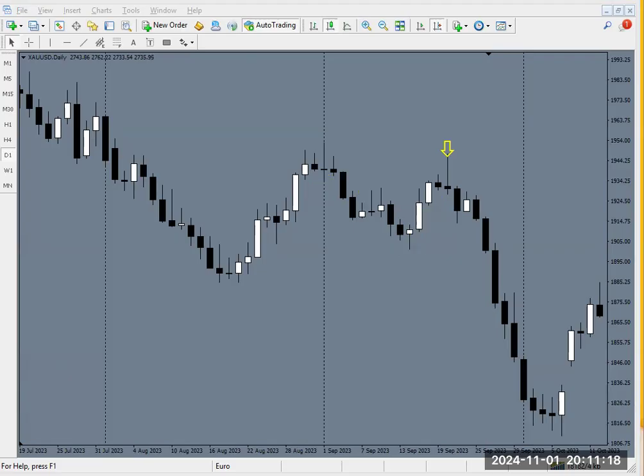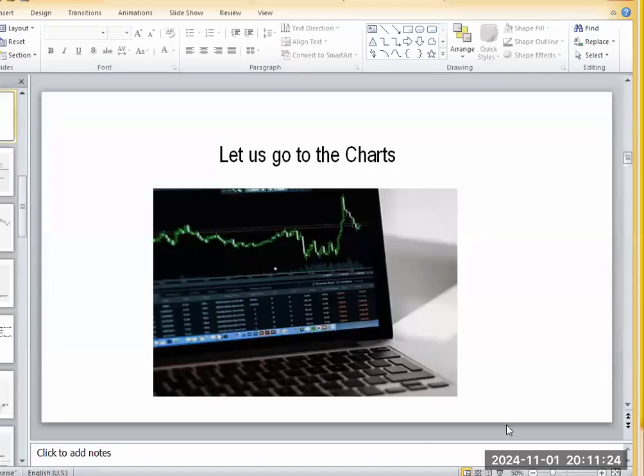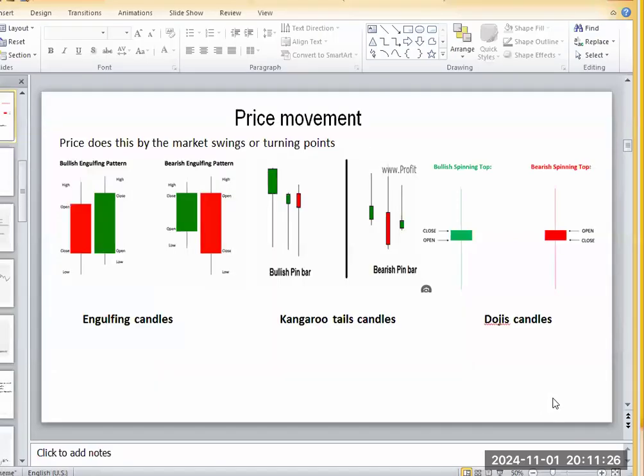So that is all we're talking about when we say the market has a way of showing us what it wants to do, and it's left for you to decide that, okay, I agree that the market is likely going to turn, going to go up, or going to go down. So I've just shown simple examples of these 3 candles.